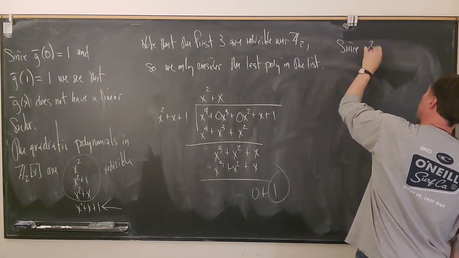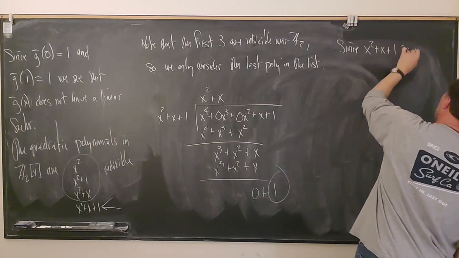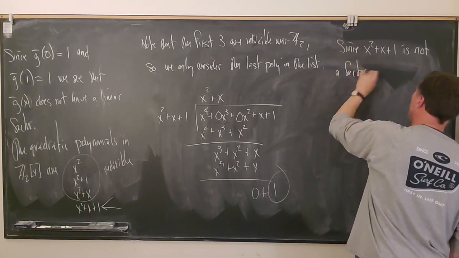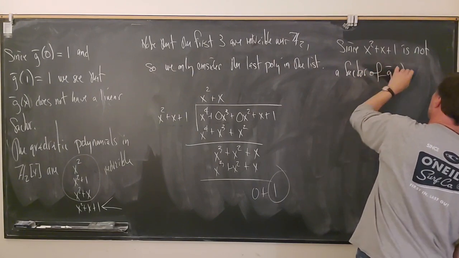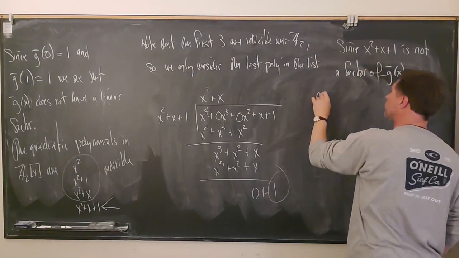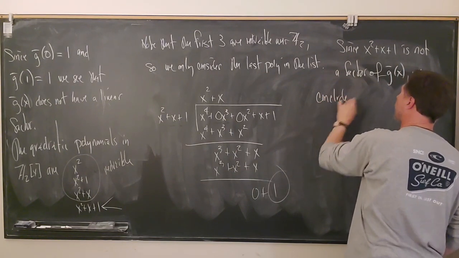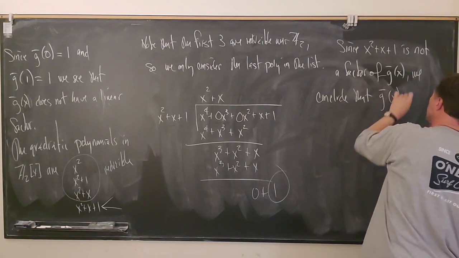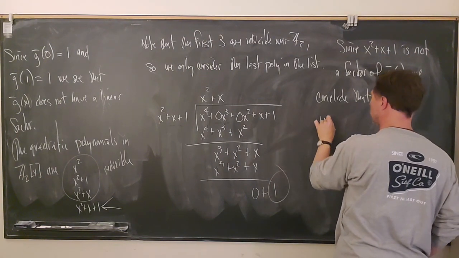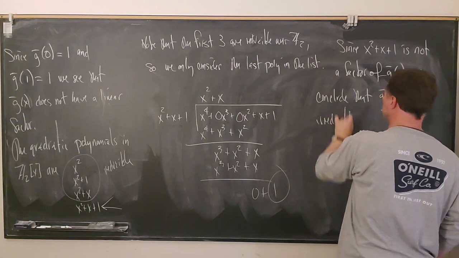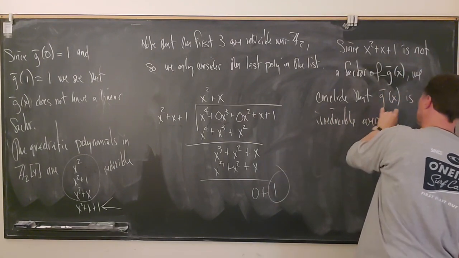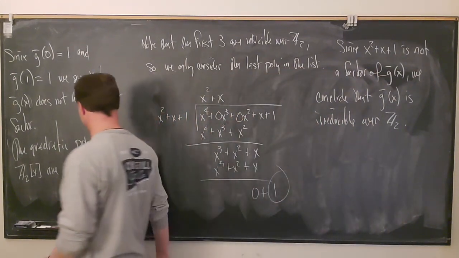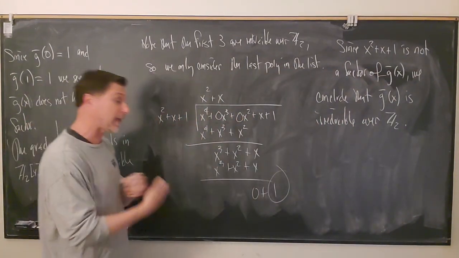So since x squared plus x plus 1 is not a factor of g bar of x, we conclude that g bar of x is irreducible over Z2. It didn't have a linear factor, it didn't have an irreducible quadratic factor, therefore it cannot factor.